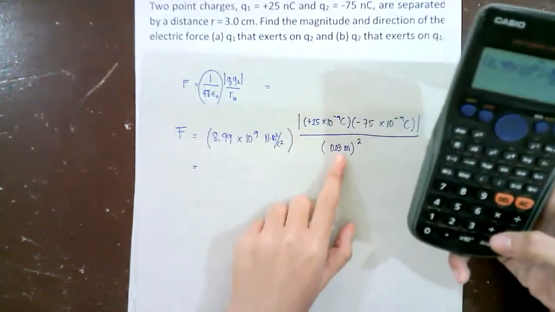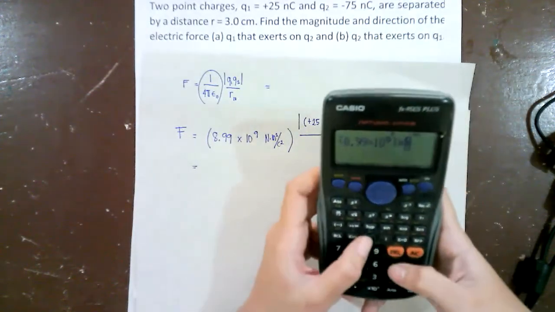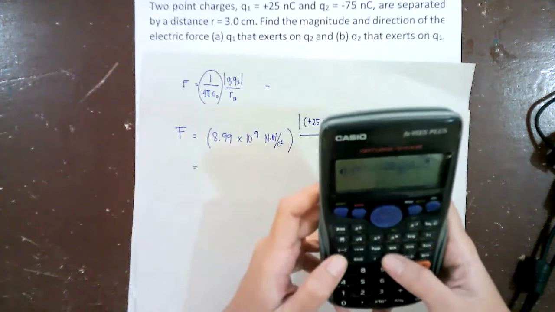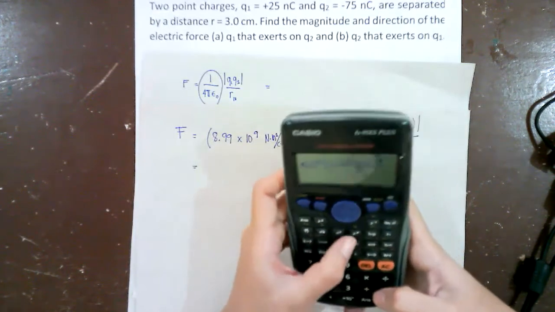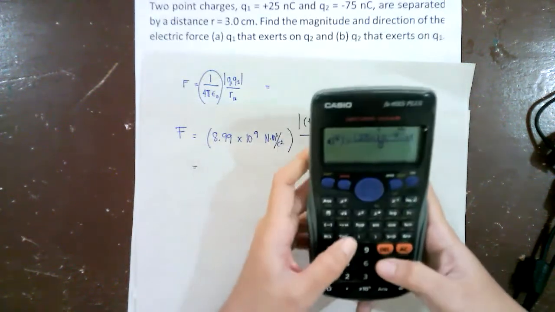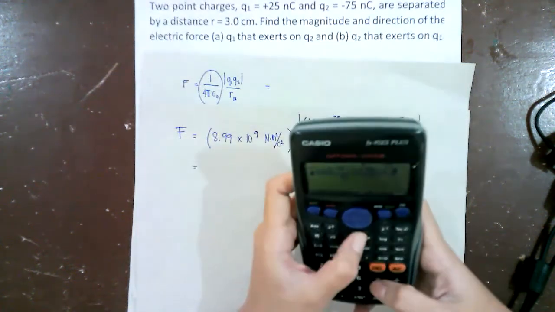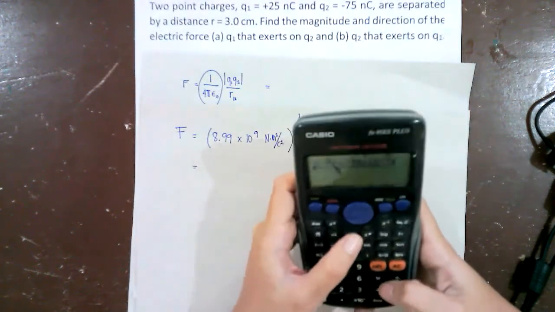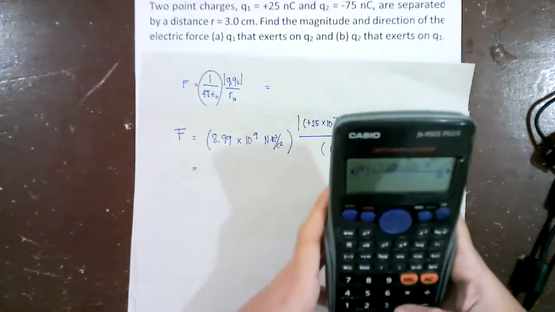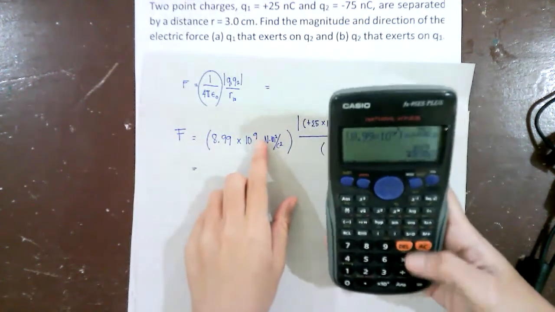So that is parenthesis 25 times 10 raised to negative 9, and then times the 75 times 10 raised to negative 9. Okay, and then your denominator, which is the 0.03 squared.